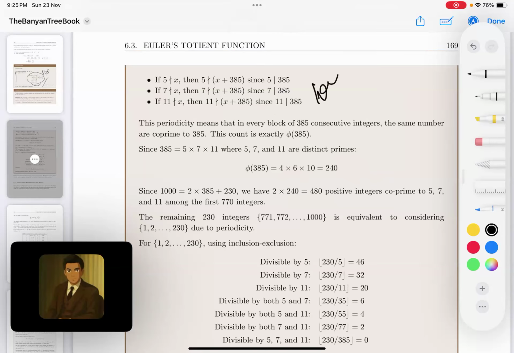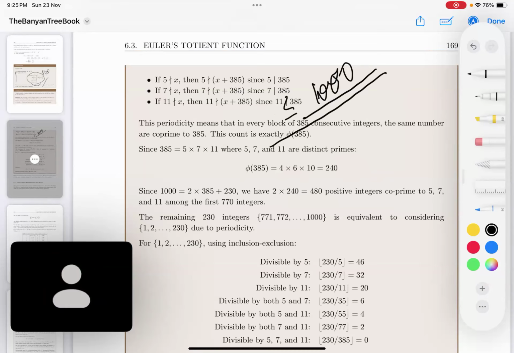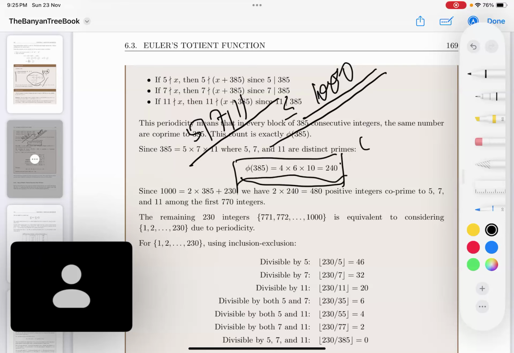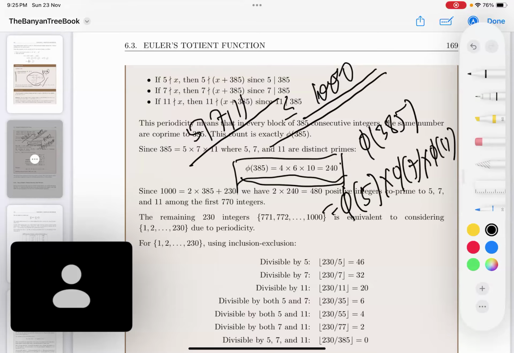All we are saying is this. The question says find all numbers less than or equal to 1000 which are co-prime to 5, 7, and 11. So we can use this formula. This is phi of 385 equals phi of 5 times phi of 7 times phi of 11.